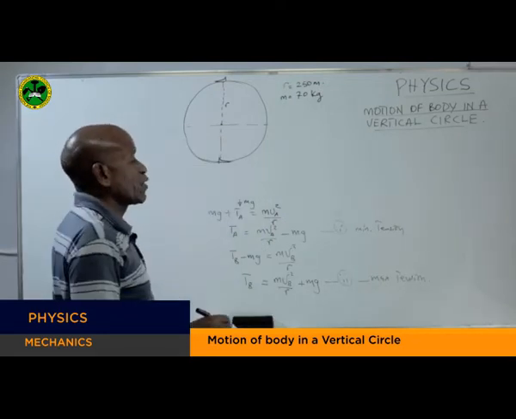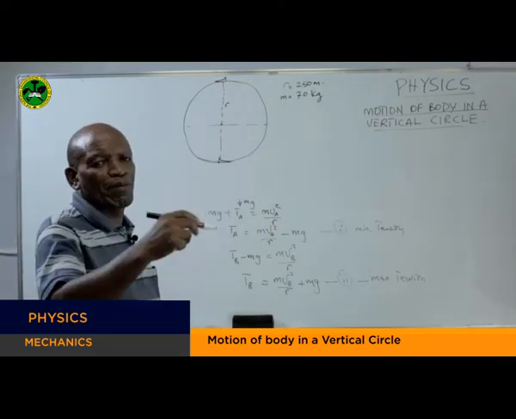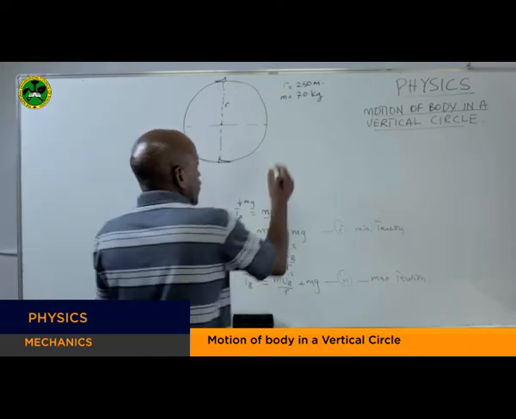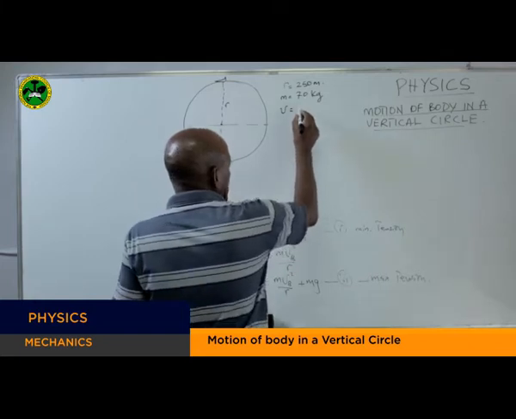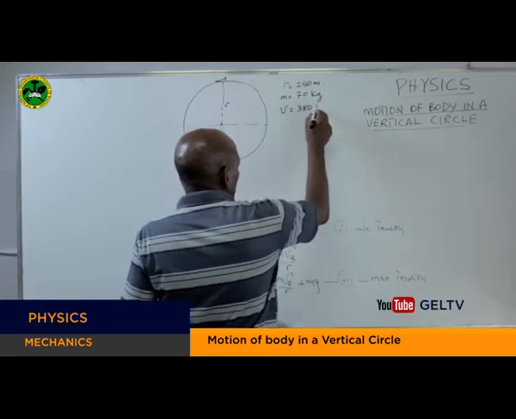And we take the speed at which this plane is looping a circle, V, to be 380 kilometers per hour.